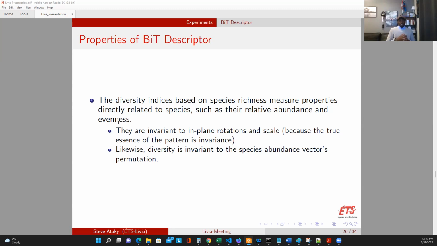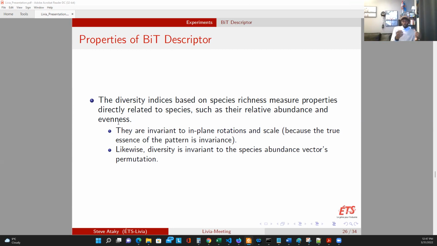The BIT descriptor combines statistical and structural information from both taxonomic indices and biodiversity measurements.